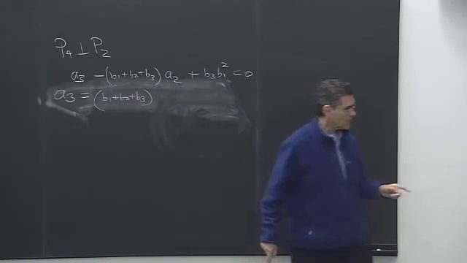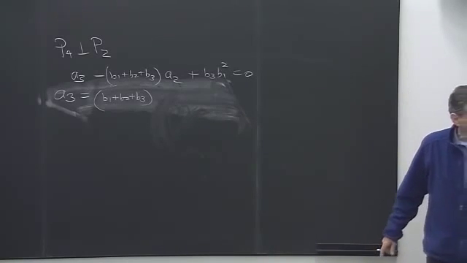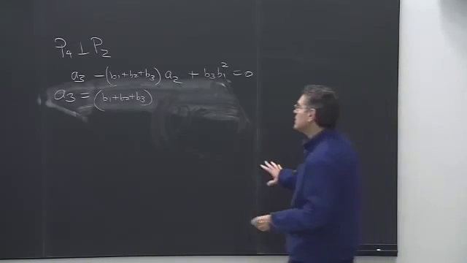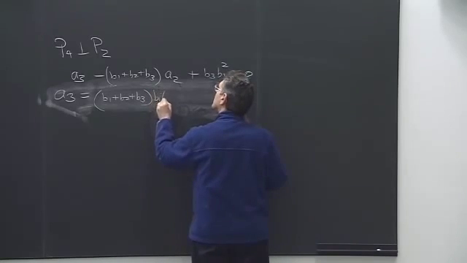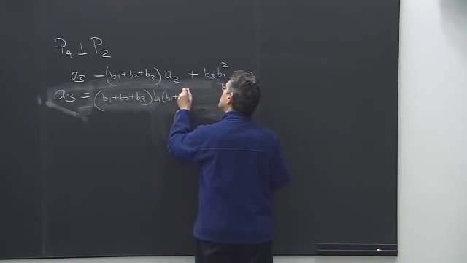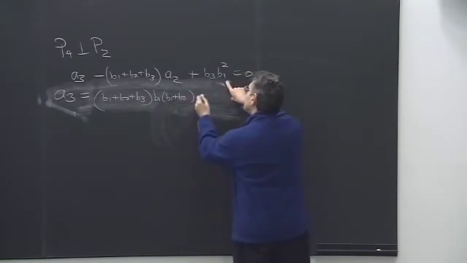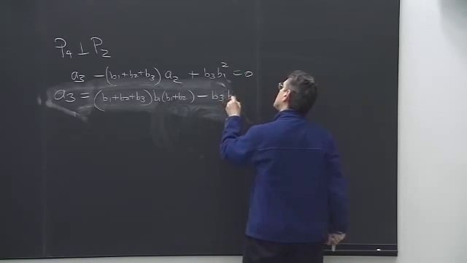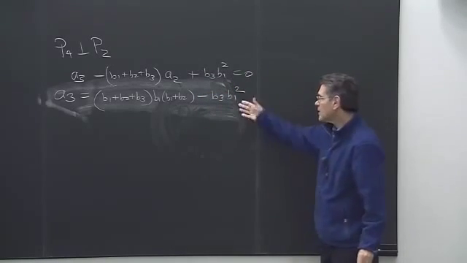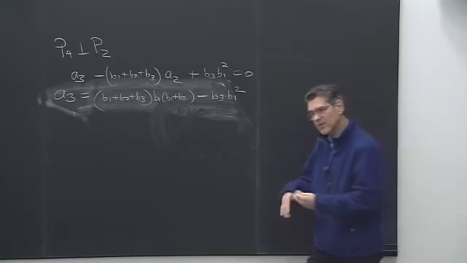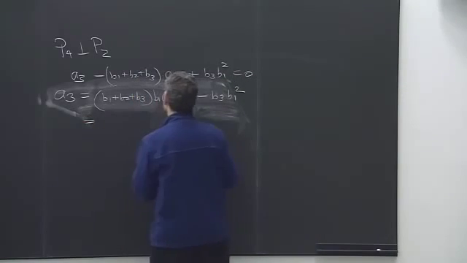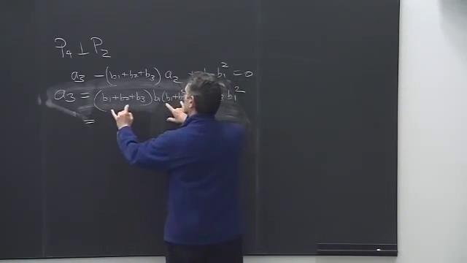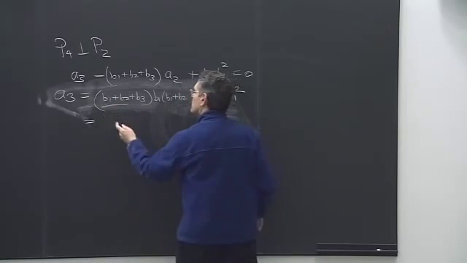But we just got a formula for a2. We learned that a2 is b1 times b1 plus b2. b1 times b1 plus b2 minus b3 b1 squared. That's the formula for a3. And we could simplify this a little bit. We could take the first two terms here and multiply that out.